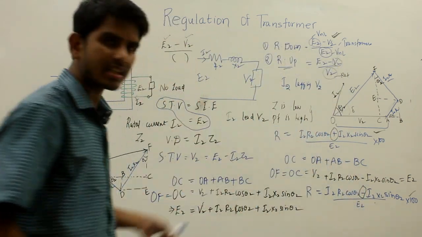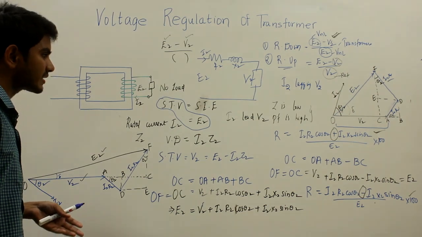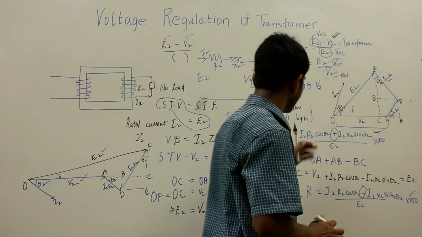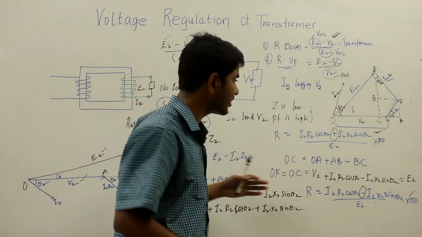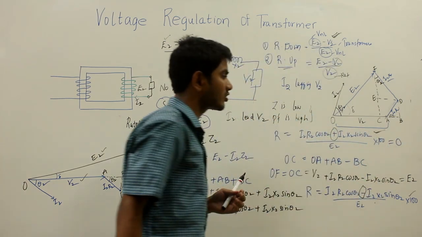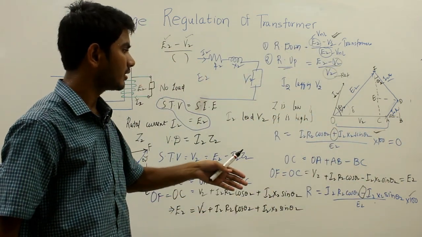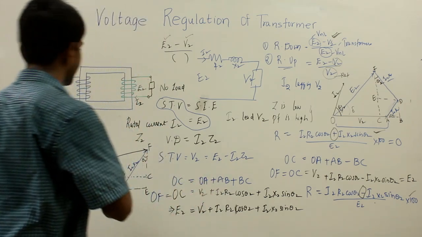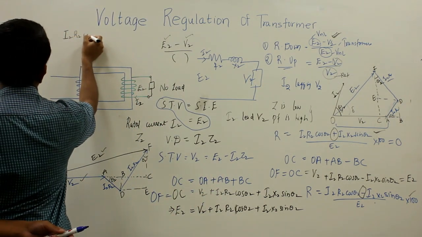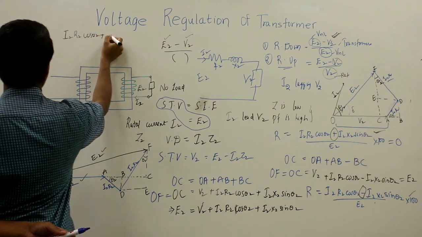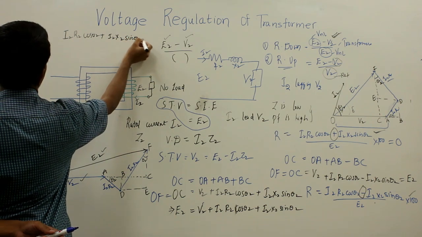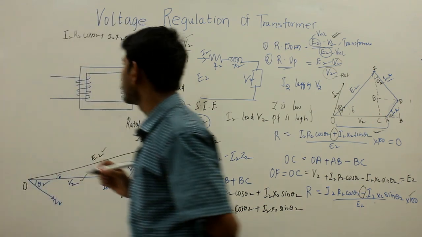Now let us consider the condition for zero voltage regulation. For the regulation to be 0, we put the numerator equal to 0. Then the expression will be I2 R2 cos theta 2 plus I2 X2 sin theta 2 equal to 0.